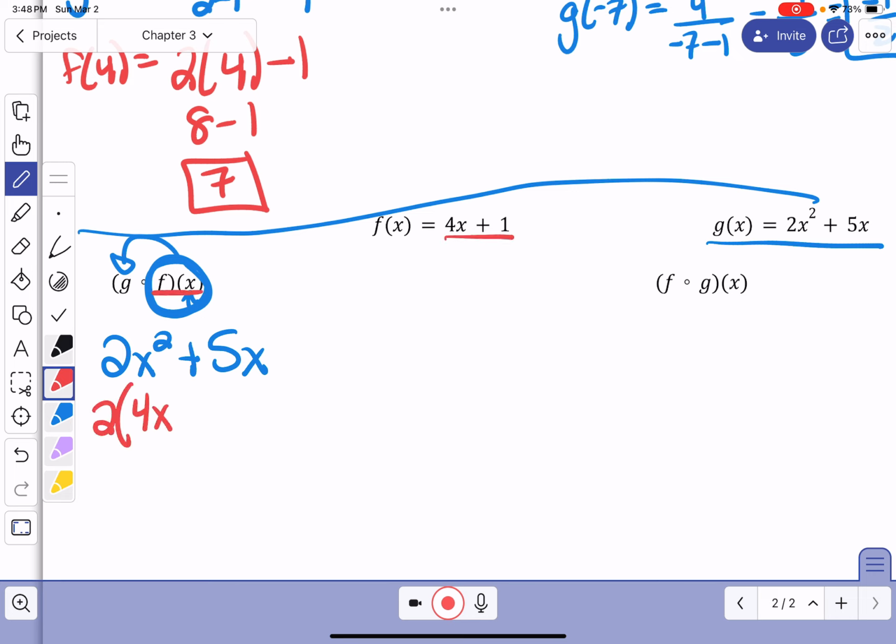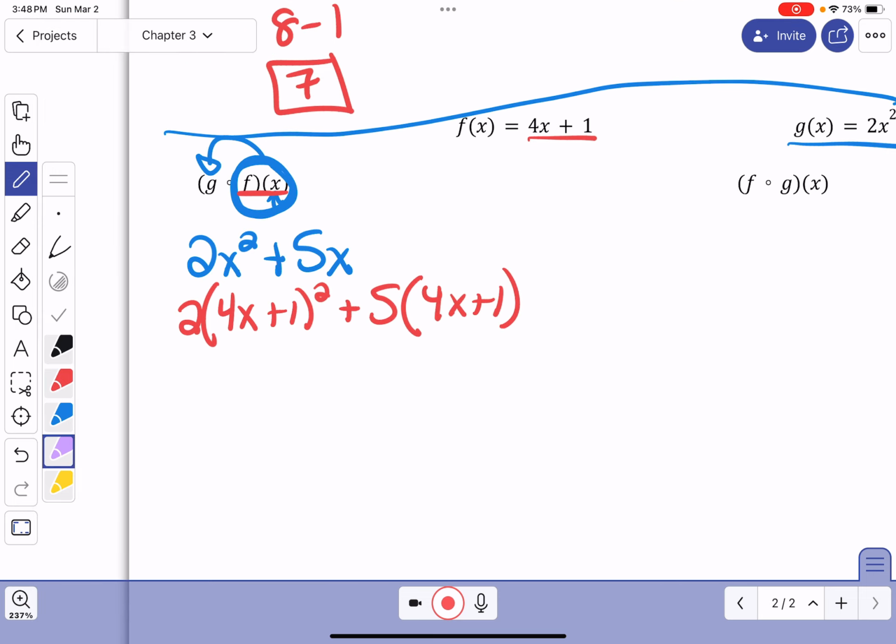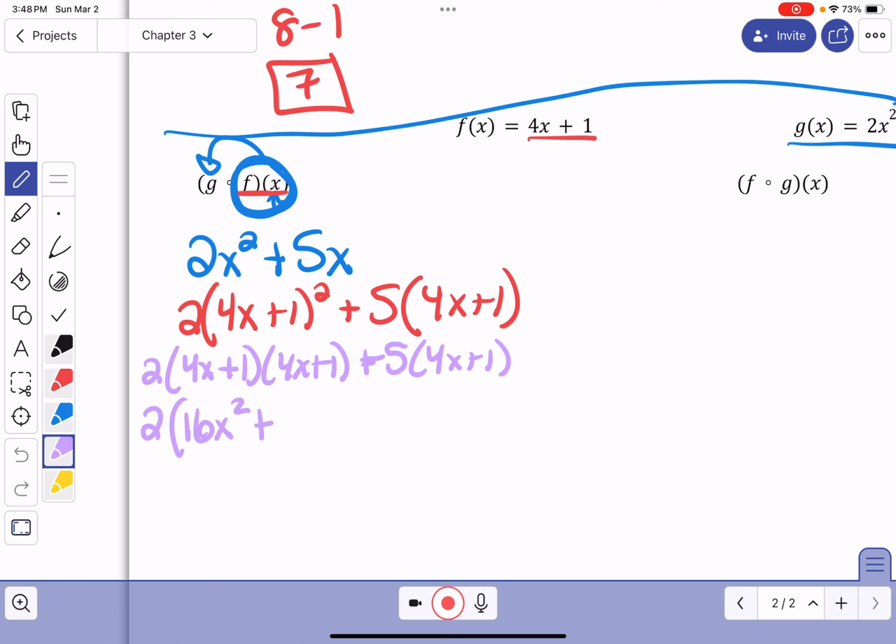So 4x plus 1 squared, and then 4x plus 1. So first, we're going to expand so that we know what we're multiplying here. Then I'm going to FOIL those parentheses. So I'd have 16x squared plus 4x plus 4x plus 1.